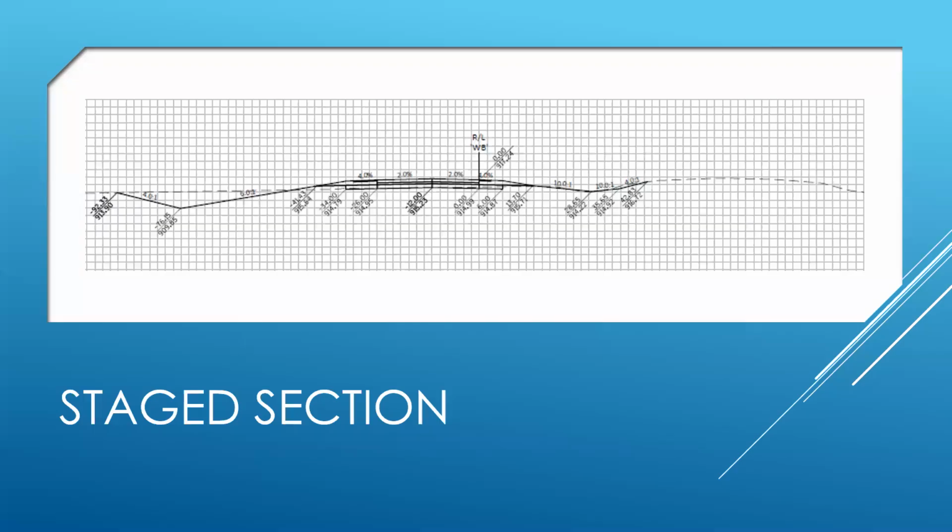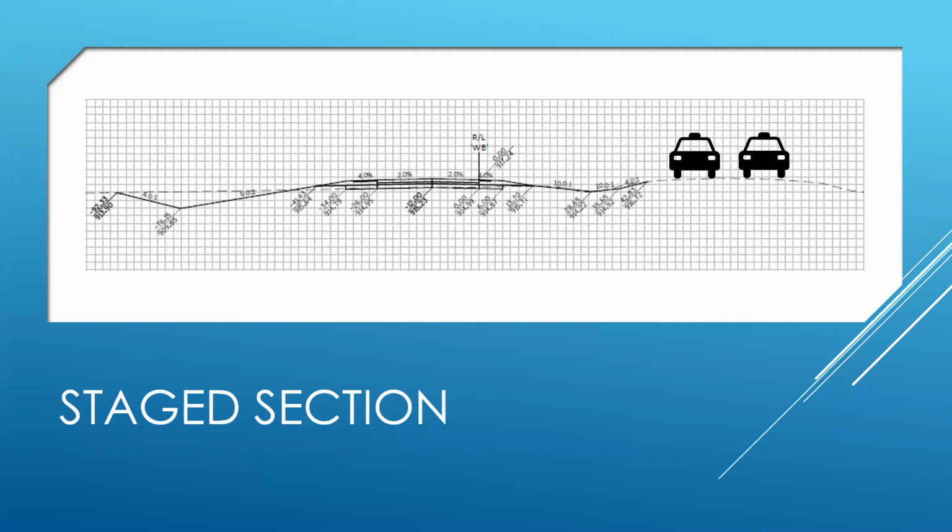So here's a stage section that we created. This is representing stage 1 of the Highway 15 project. As you can see, it copies and follows our typical section for the most part. I will point out there is one difference here where we normally would have the 10-to-1 coming to the eastbound subgrade shoulder point. We have this 4-to-1 here.